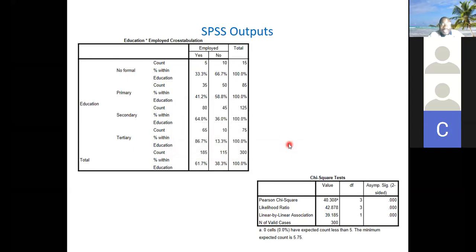The percentage increases as this increases. It can be the other way. The percentage of employment can decrease as the education increases. It's still a trend. I don't know if you understand me now. So it doesn't really matter whether it is positive or negative.